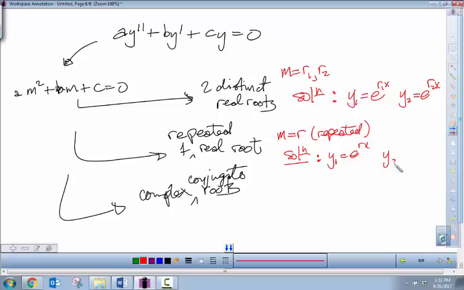The second one, we kind of did this as an example, but you could do it in general as well, if you multiply e to the rx by x, then you're going to have a second solution that is linearly independent from the first solution, and this will be your fundamental set.